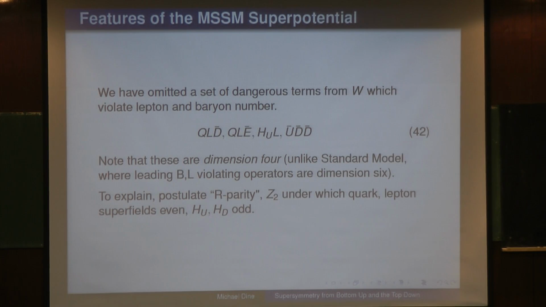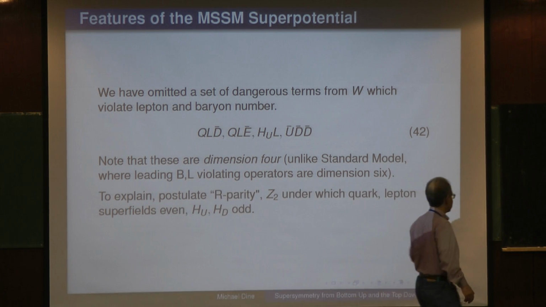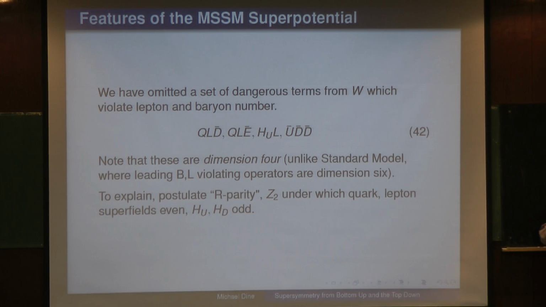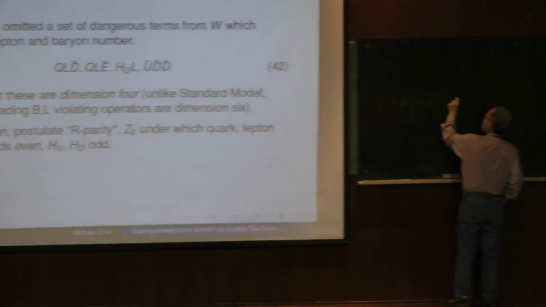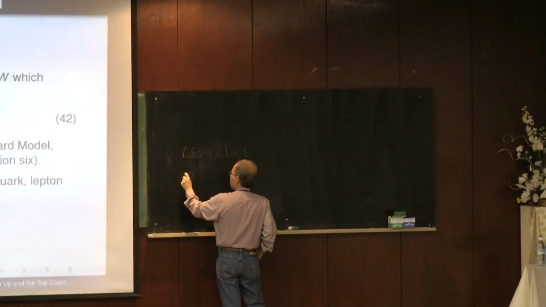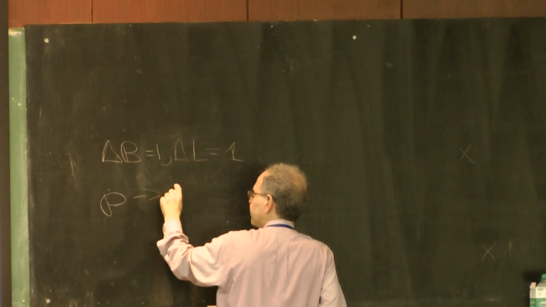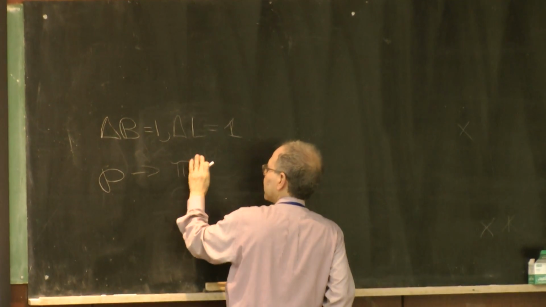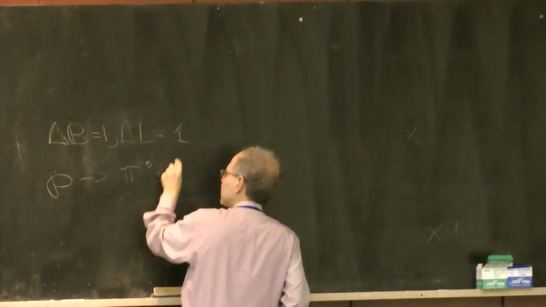So what do we do to get rid of these? What's been done traditionally to get rid of these? These are clearly terrible. If we combine, for example, delta B equals 1 and delta L equals 1, we can generate a process p goes to pi 0 e plus, for example.